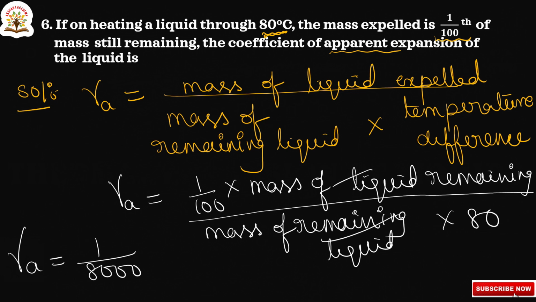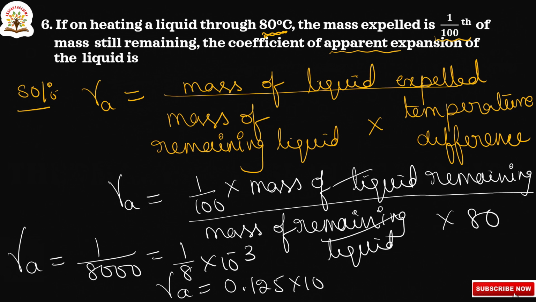So that is equal to 1/8 × 10⁻³, or 0.125 × 10⁻³, or gamma A is equal to 1.25 × 10⁻⁴ per °C. This is either 0.125 × 10⁻³ or 1.25 × 10⁻⁴ per °C. This is the final answer.